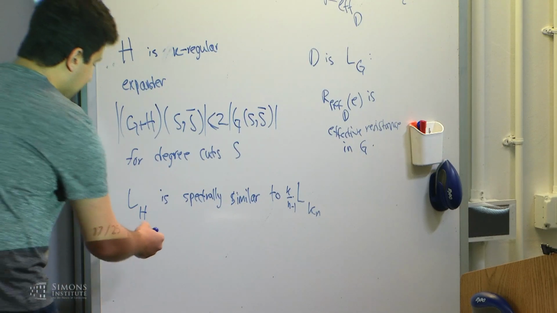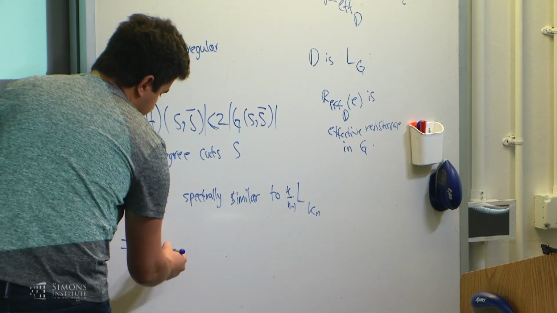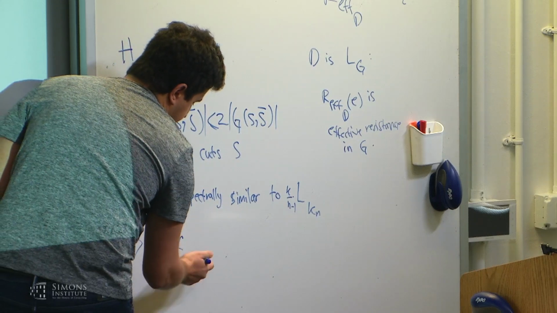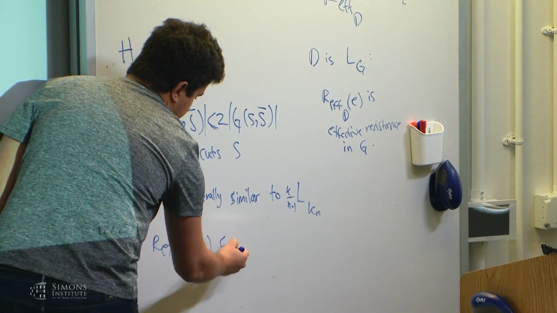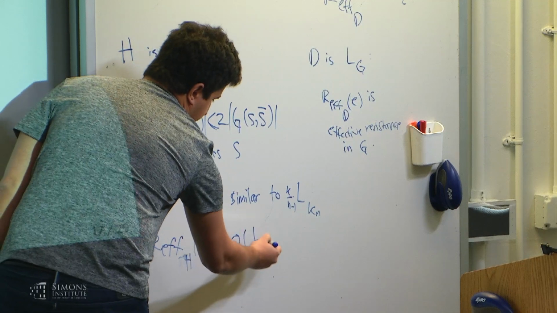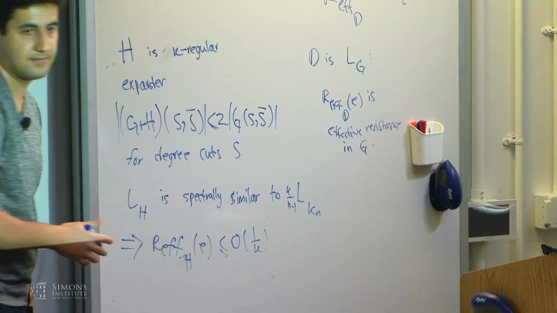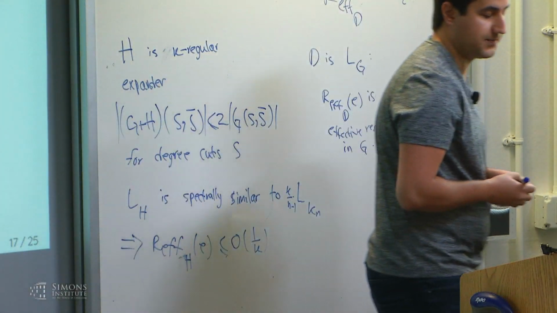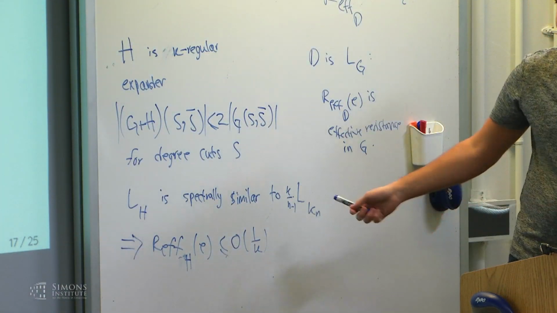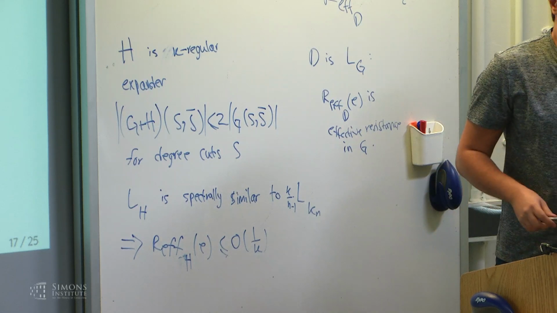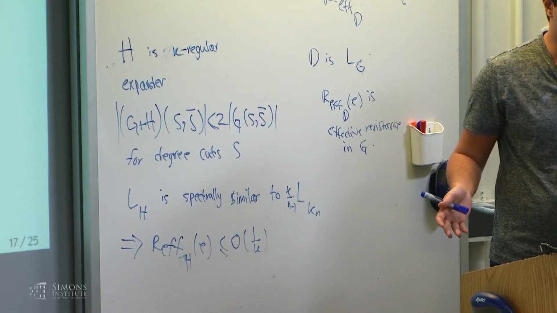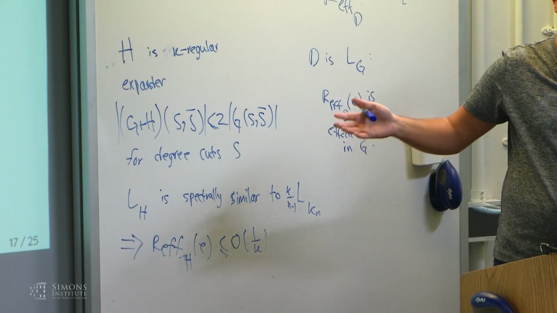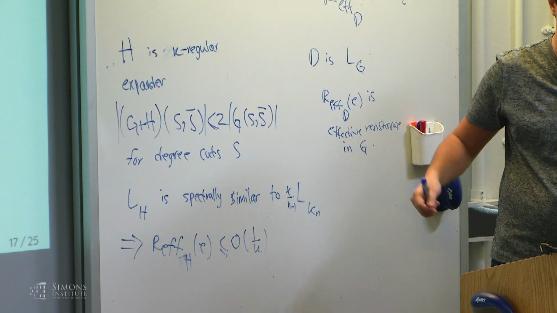So then it means that the effective resistance of every edge with respect to H is bounded by O of 1 over k. This you can just prove for expanders. So if you didn't care about thinness and you only cared about degree thinness, this is how you would do it.